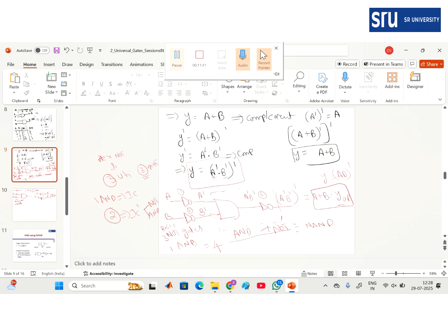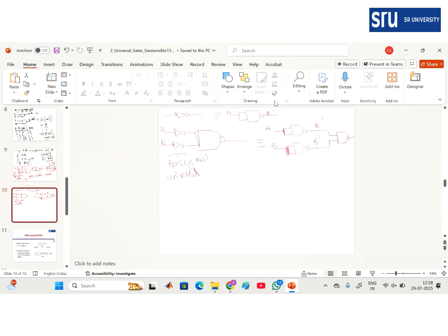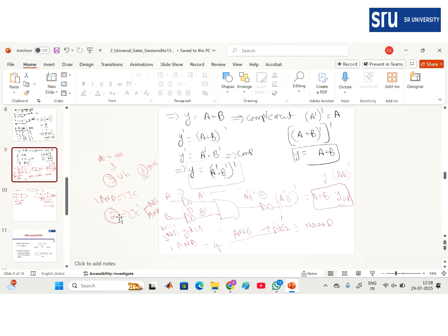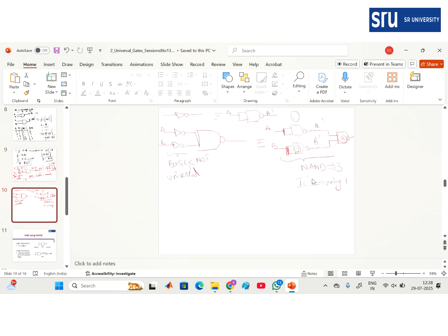Right? See the complexity. But in this case, in this design, I have only NAND gates, right? So total how many NAND gates do I require? One NAND gate, second NAND gate, and third NAND gate. So I require 3 NAND gates. How many ICs do I require? Only one IC. In the last case I required 2 ICs, right? But here I require only one IC.